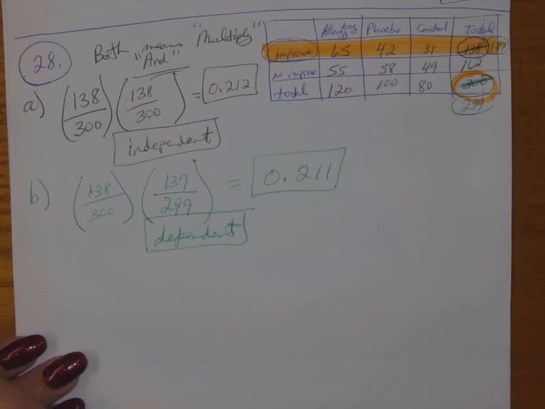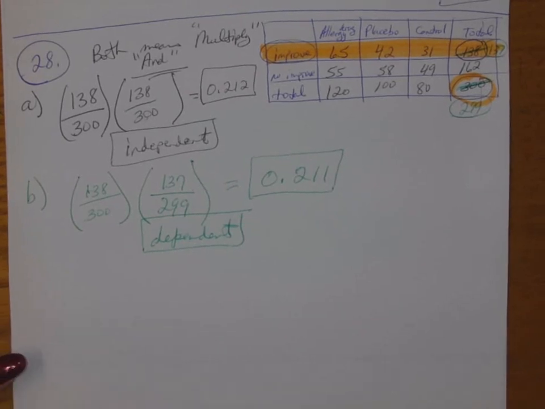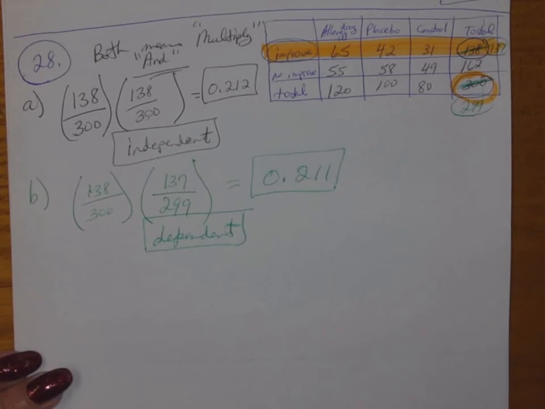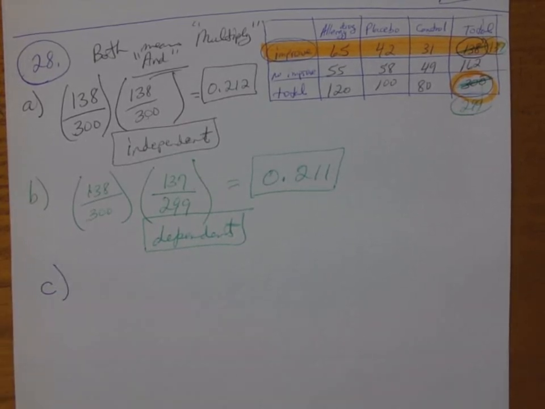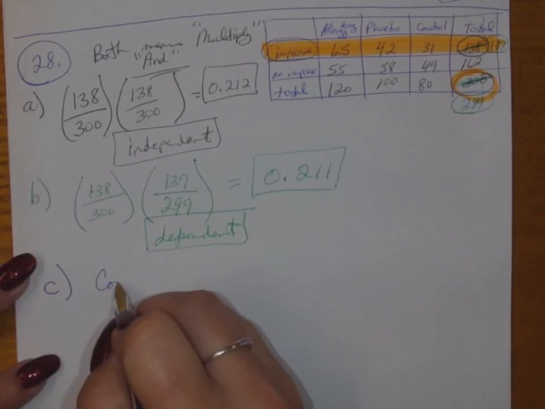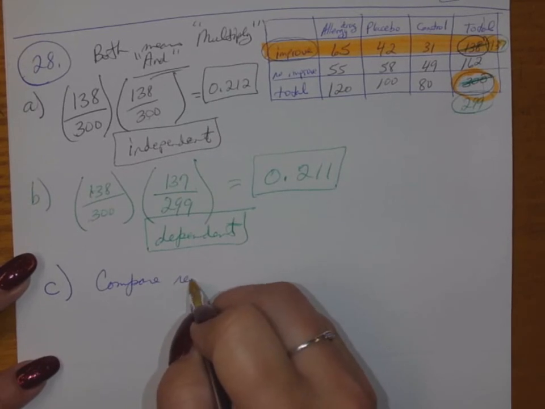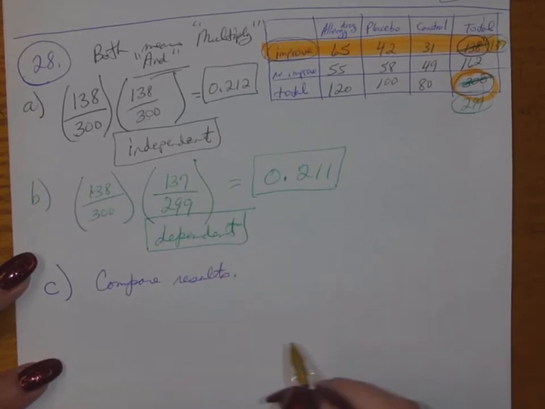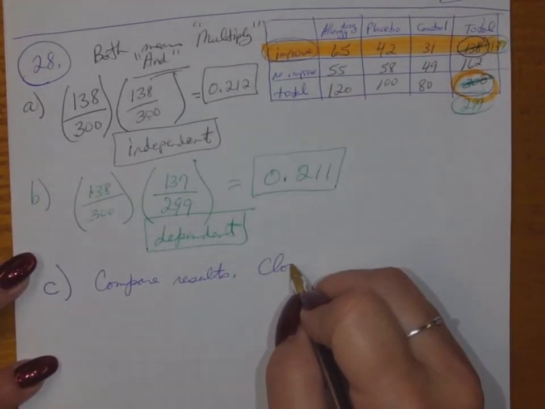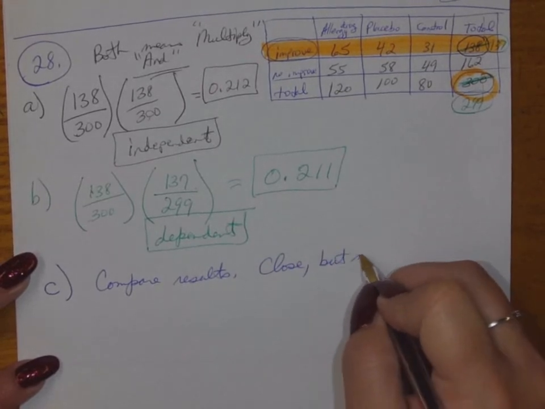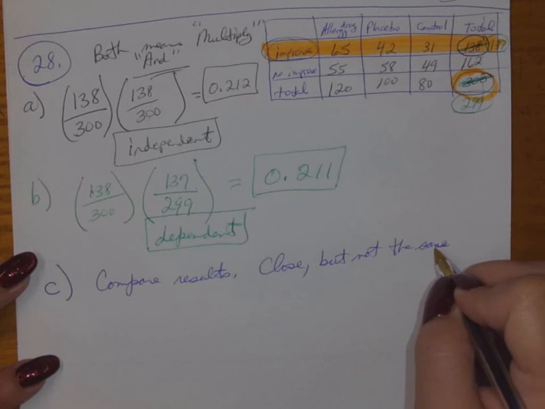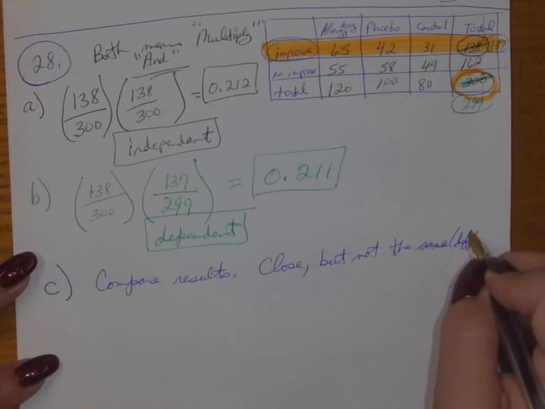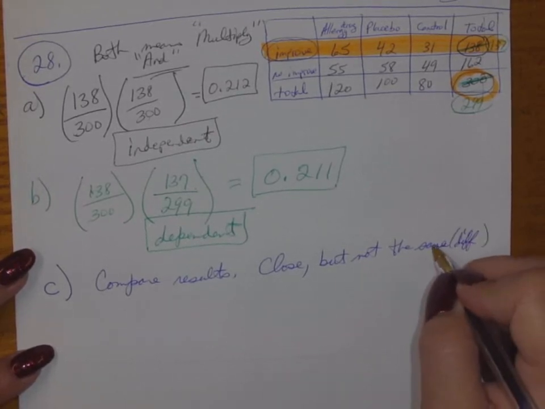So because they're not the same, we have to think about what's going on here. Okay? So C says, compare the results from parts A and B. Well, they're really close, but not the same. They are different. Okay. And what happened?